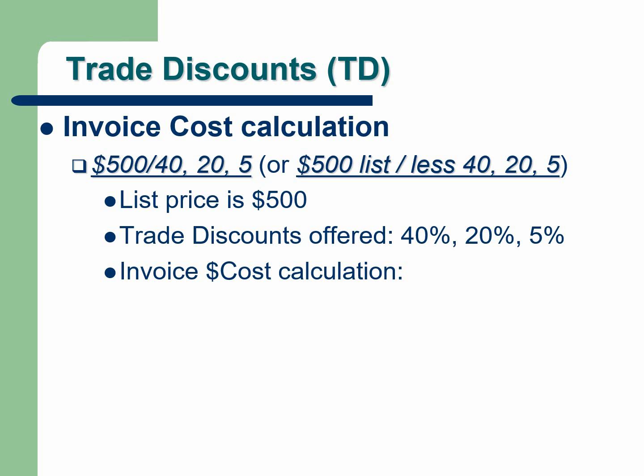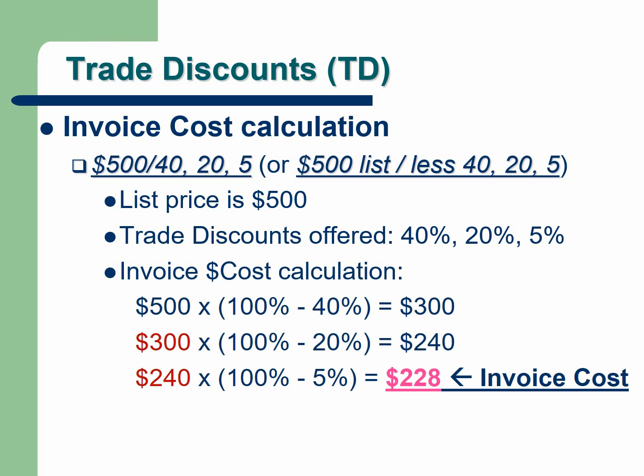So this buyer received three trade discounts in chain. To apply these, the first thing we need to do is calculate the invoice cost. We don't calculate trade discounts directly from these percentages. We always first calculate the invoice cost and then subtract the invoice cost from the list price to get the trade discount.